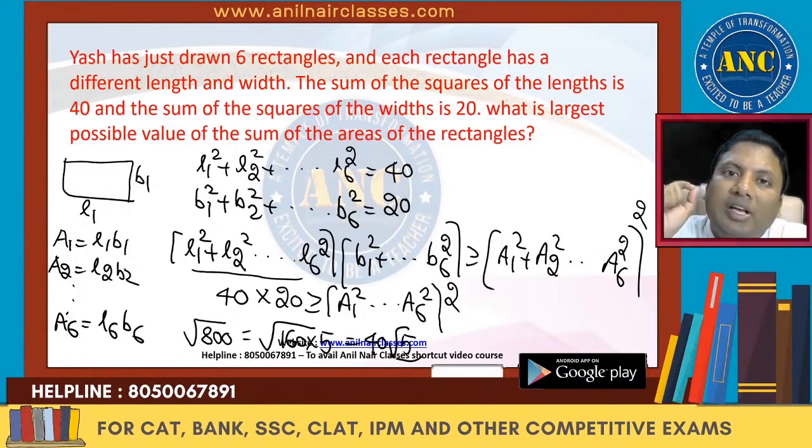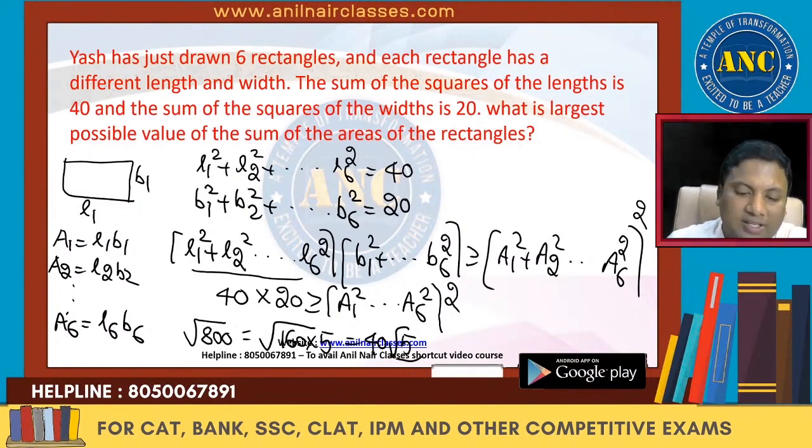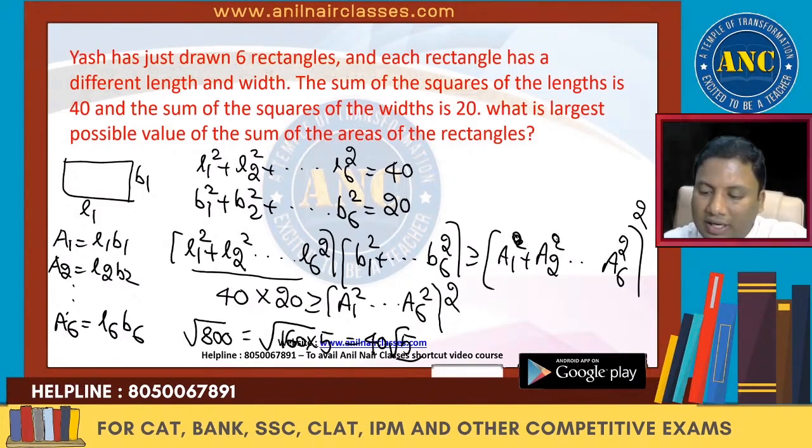If a, b, x, y are real numbers, a square plus b square into x square plus y square is always greater than or equal to ax plus by whole square. I hope the idea is clear. What is the largest possible value of the sum of the areas? These are nothing but A1, A2 and so on up to A6.